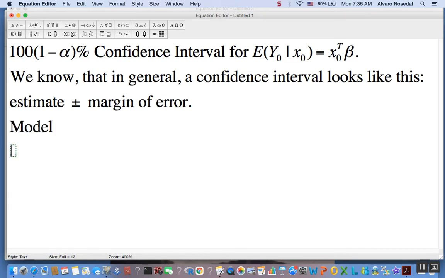So the model, we have y equals x beta plus epsilon.